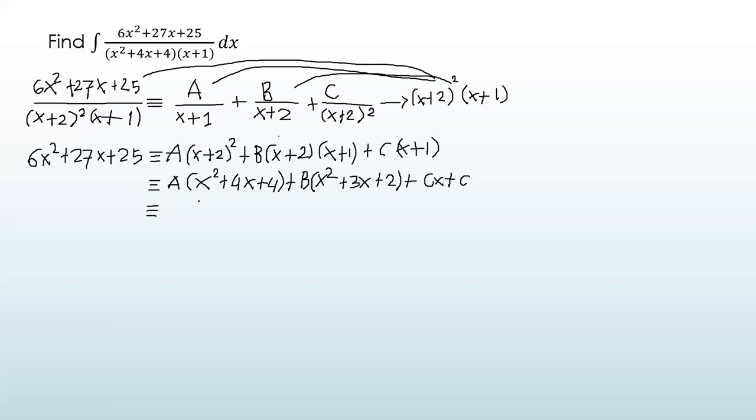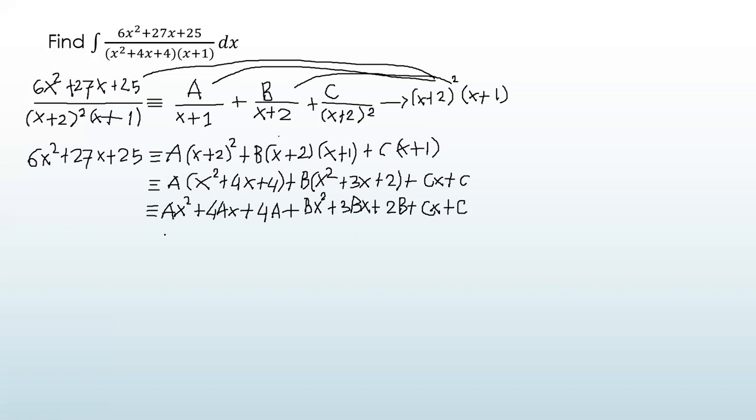And afterwards, a times x squared, 4ax, and a times 4 is 4a, and then b times x squared, 3bx, plus 2b, plus cx plus c.